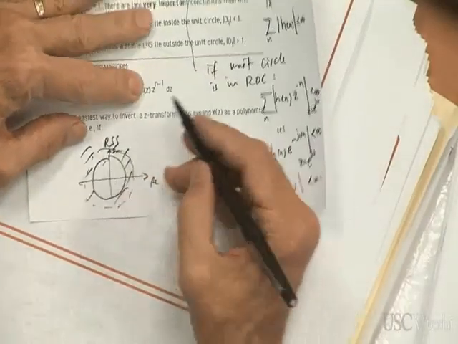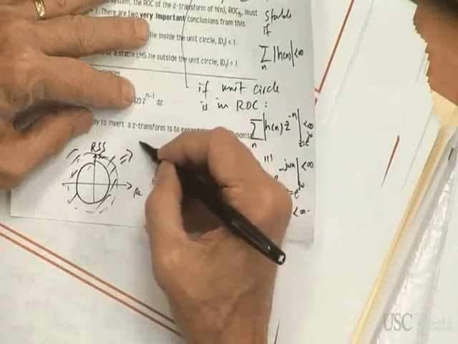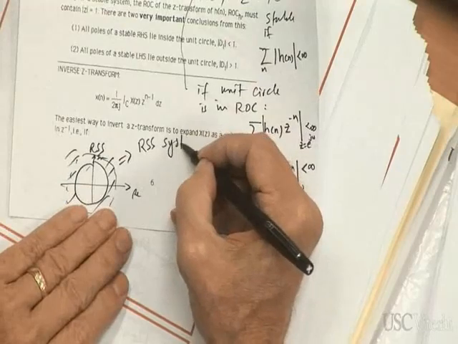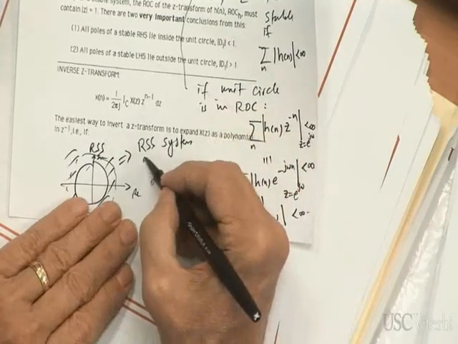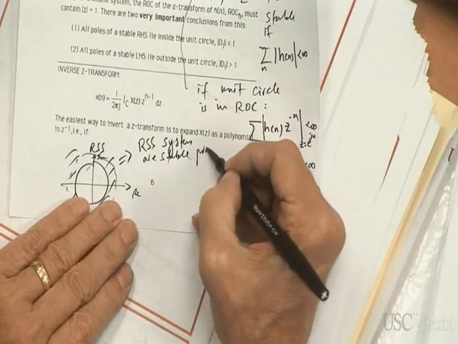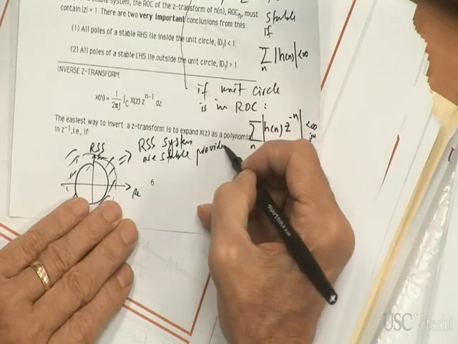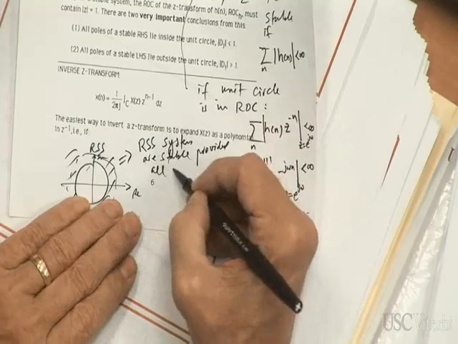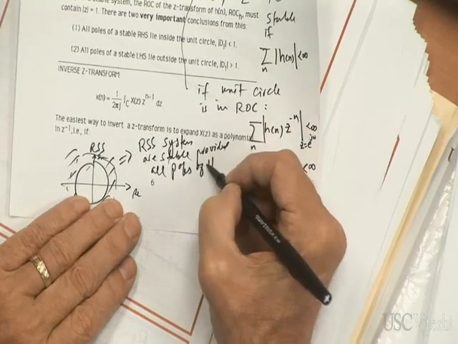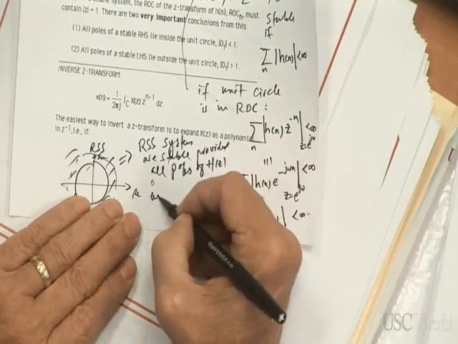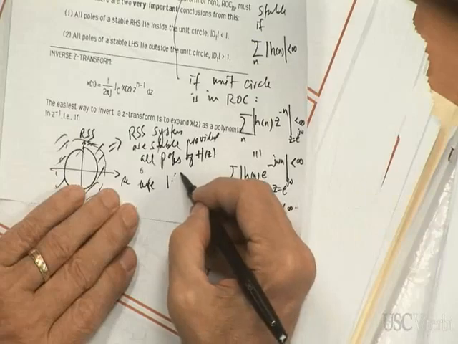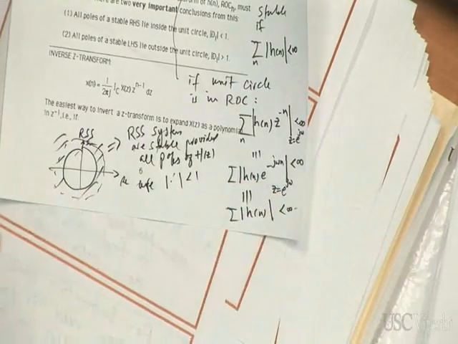What that would imply is that right-sided systems are stable provided all poles of H of z have magnitude strictly less than 1, see?